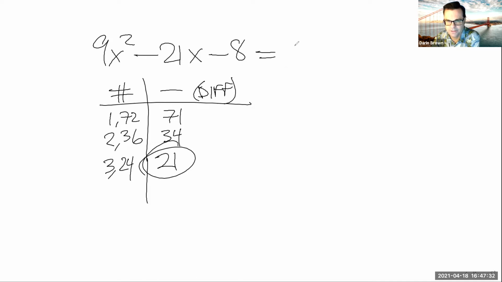This one actually, then I could factor 9x squared plus 3x minus 24x minus 8.